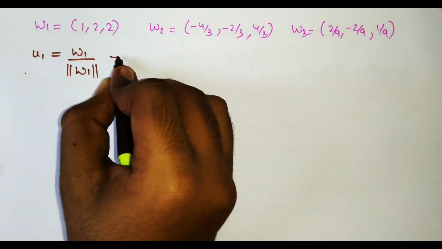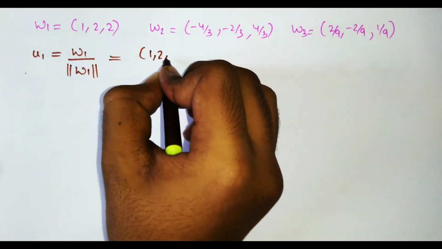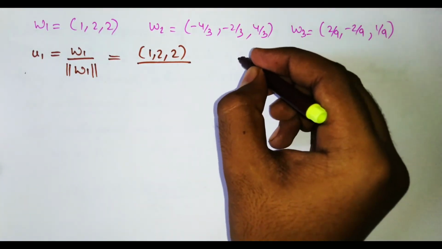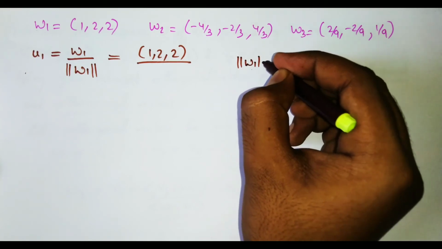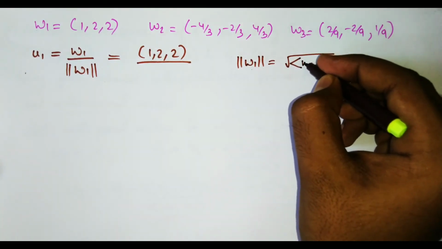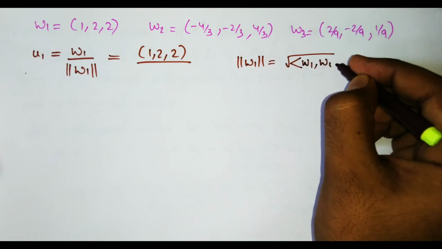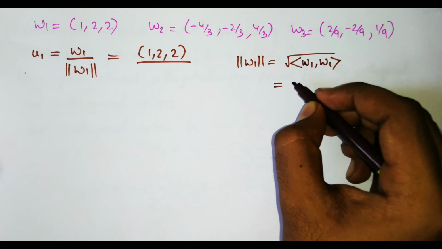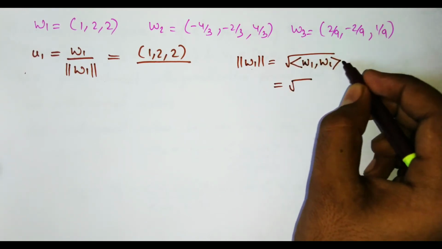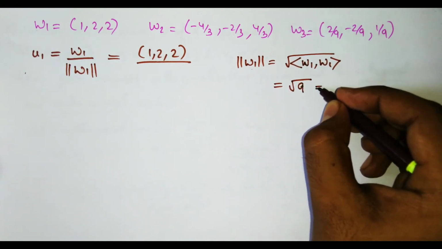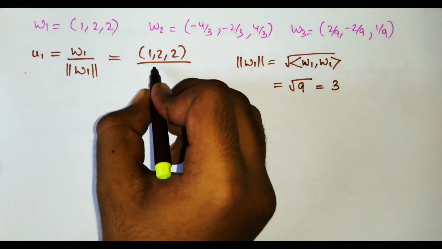Now how to find this? (1, 2, 2) divided by the norm of this. How to find the norm? Norm is nothing but the square root of the inner product of w1 with w1. We already know the value of this: the inner product of these two is 9, so the answer will be 3. Just substitute 3 here.